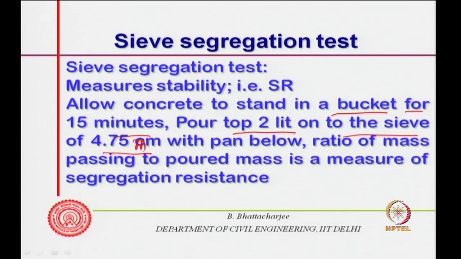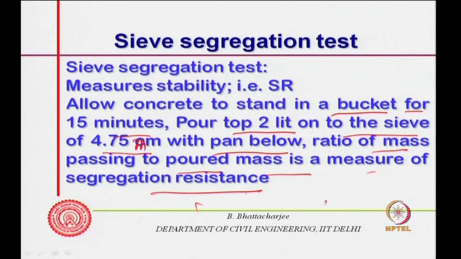It can't be centimeter, it is 4.75 millimeter, sand size. That was a mistake. With a pan below, the ratio of the mass passing to the poured mass is a measure of segregation resistance. So, what you do?